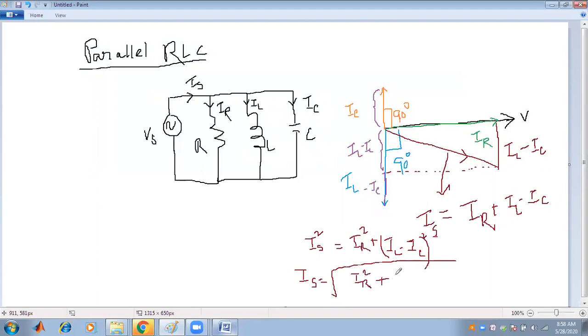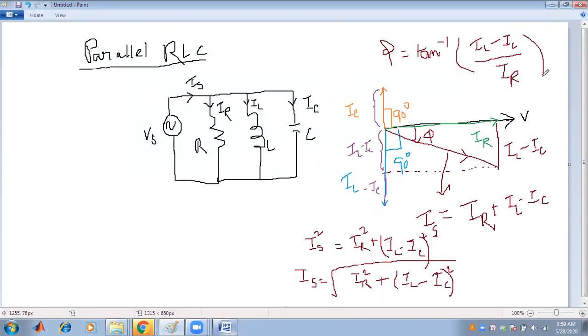The resultant current of the RLC parallel circuit lags by an angle, say phi. This angle can easily be calculated: phi equals tan inverse of IL minus IC by IR.